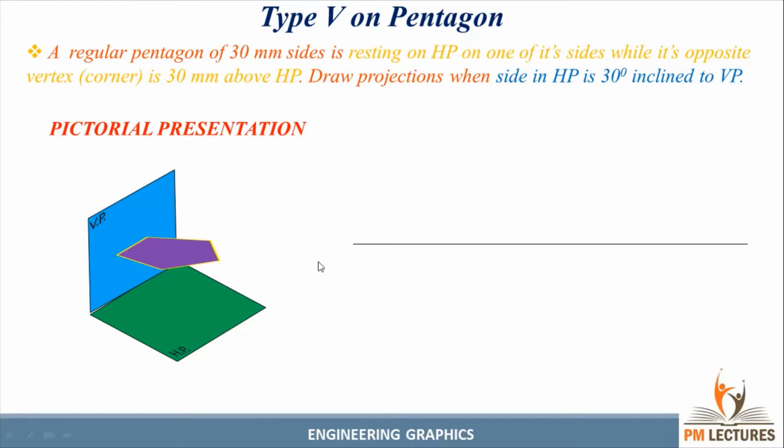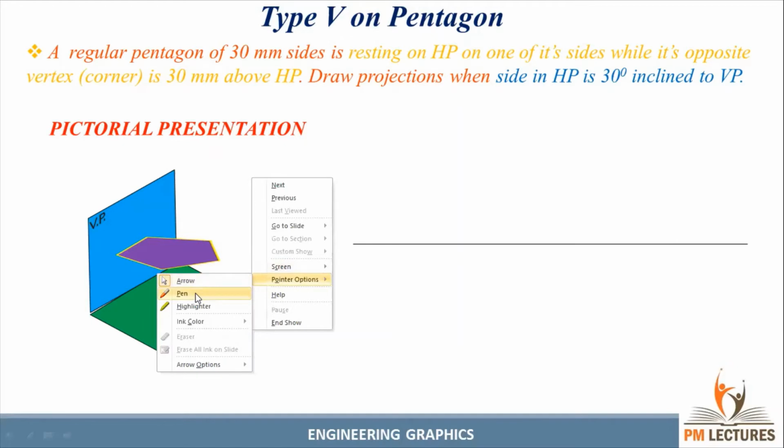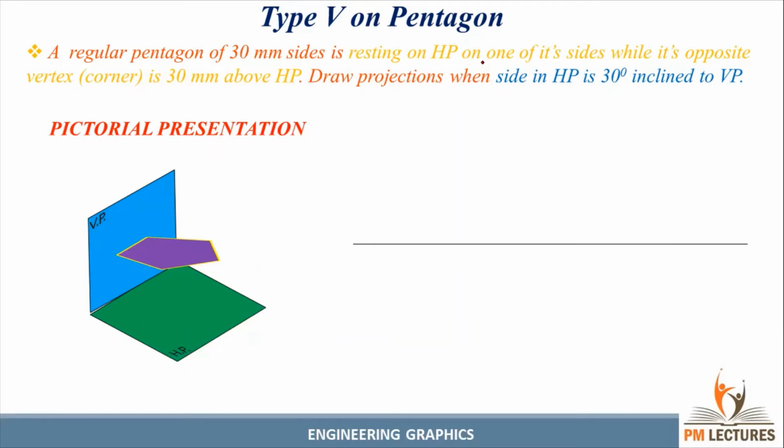So they gave the statement indirectly instead of the surface inclination. The opposite vertex, the other name for corner, is 30 mm above HP.